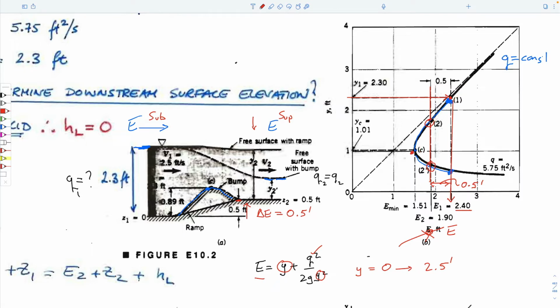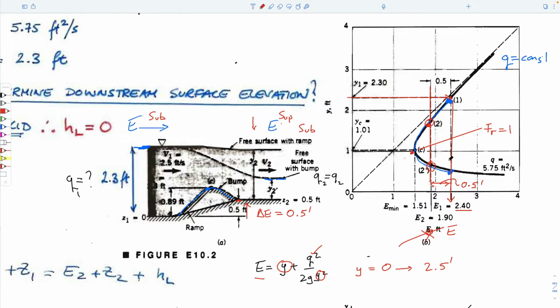And so the flow that we have downstream of this flow we know has to be not supercritical, but it has to be also subcritical. We have to be at this point because we haven't gone through this nose here. And of course we know that this nose is where the Froude number happens to be equal to 1.